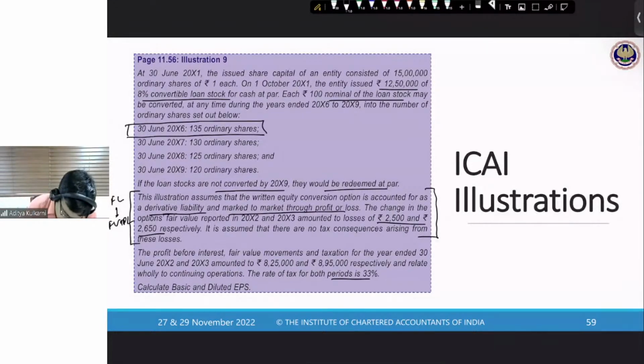The profit before interest, fair value movements and tax is the profit before all this. From here we will be deducting interest, tax and fair value movements. The profit relates wholly to the continuing operations. Rate of tax for both the periods is 33%. So calculate basic and diluted EPS.